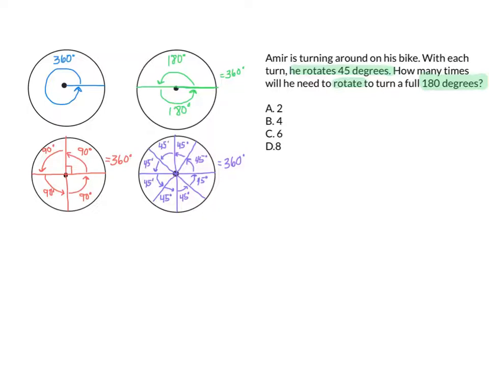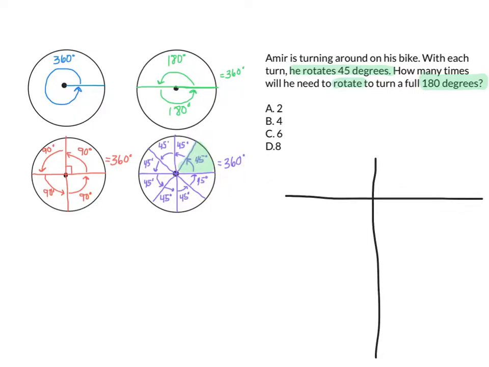So right away, I'm thinking about our benchmark angles and the pictures that we just drew. So each rotation in this problem is 45 degrees. So every time he rotates, he's going about that much. We want to find out how many times he needs to rotate to turn a full 180 degrees. So we're going to use our picture and our chart to help us solve. First, let's draw our table. So our table is just a way that we can organize information.